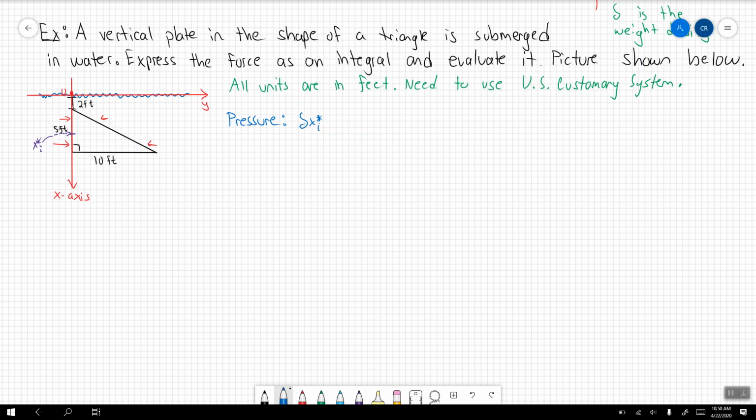Now we have to calculate the area for this plate. The area is constant, you are absolutely correct, but the pressure is going to be exerted differently depending on what depth inside of the water that plate is in. So we have to figure out how to break down the area of this specific rectangle into smaller pieces.